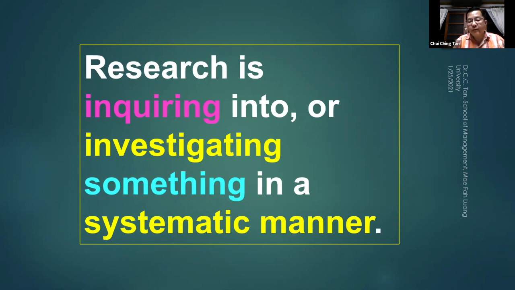For example, if you say that competitive advantage, in the sense of cost leadership, differentiation, or niche, are three very important things for industries or any companies to win, and if that is so, the statistical support should be there. And that is called systematic.